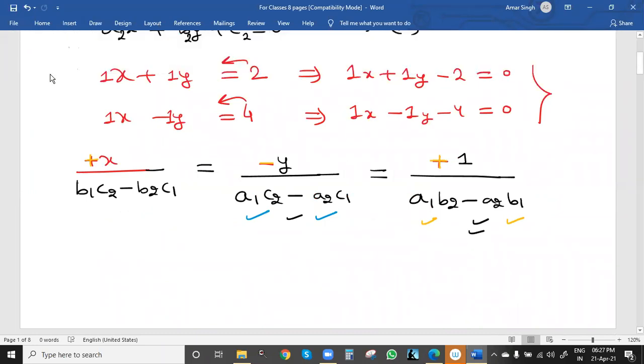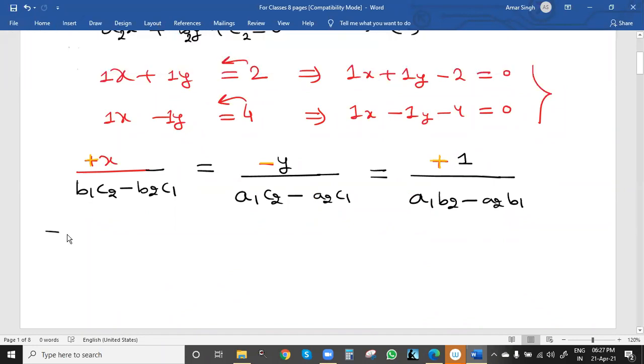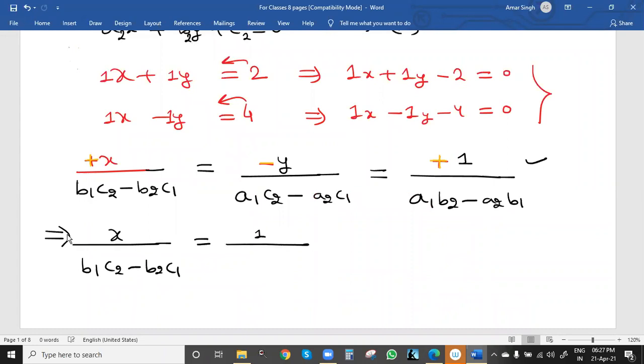So first we write x by b1 c2 minus b2 c1 equal to the constant term, 1 by a1 b2 minus a2 b1.